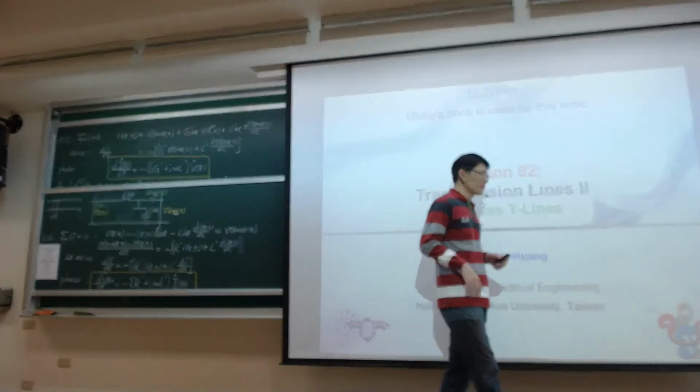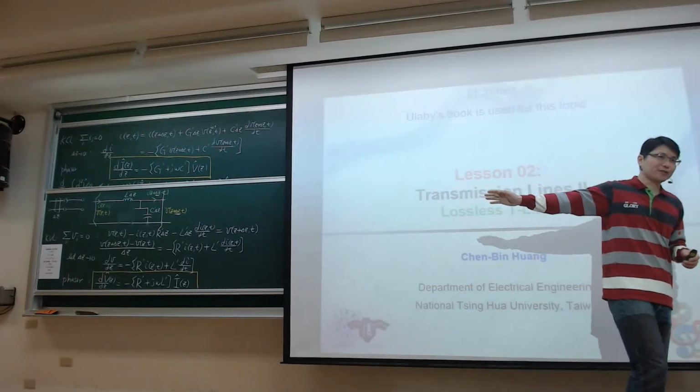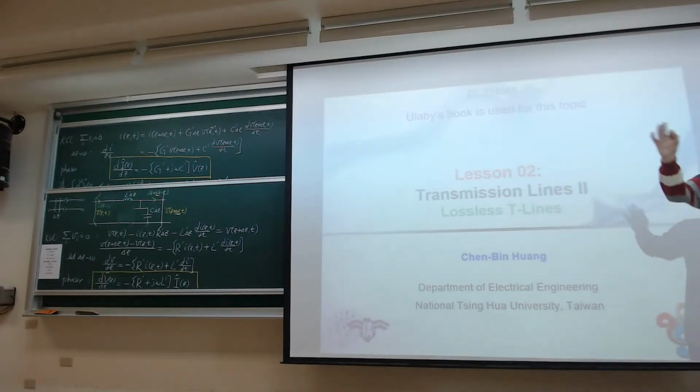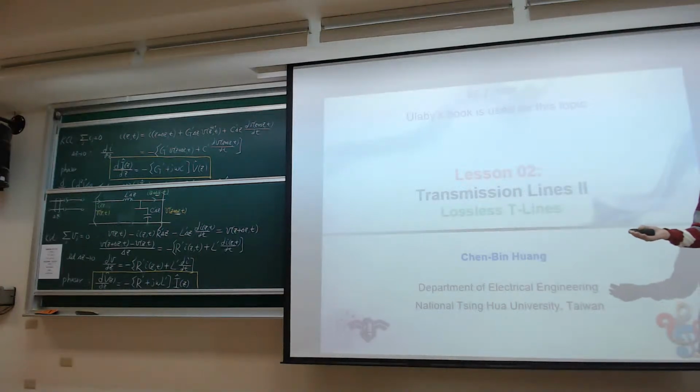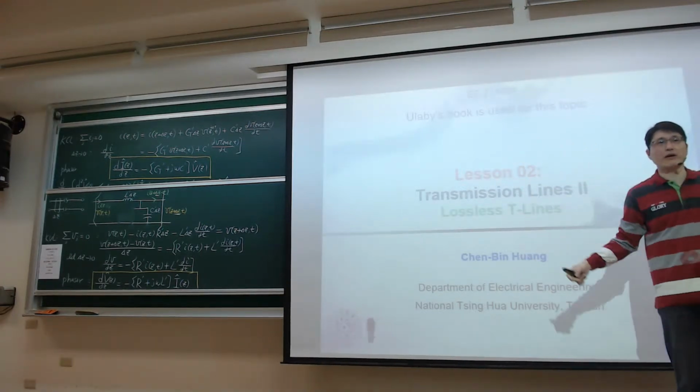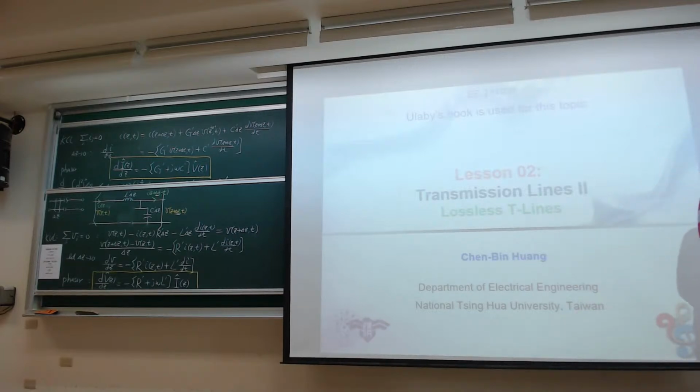Now, we understand the picture. Do we need to rewrite everything for the lossless transmission line? Do we have to derive, starting from KVL, KCL, all the way here? Spend another 60 minutes? Of course not.